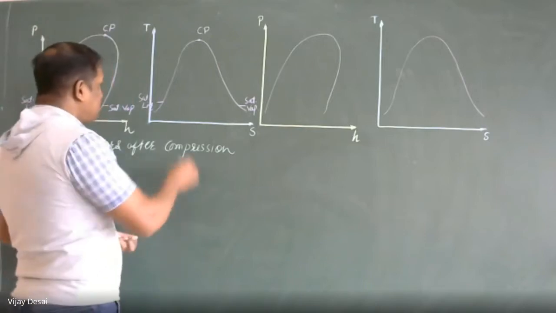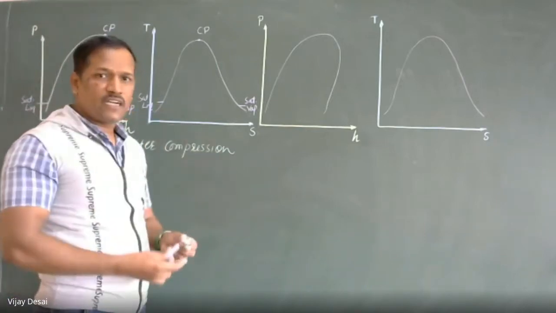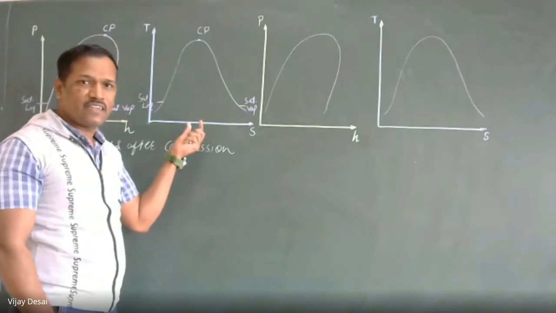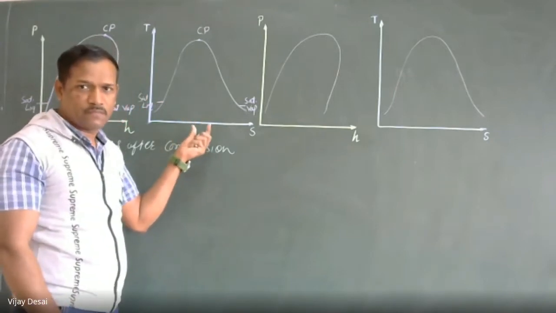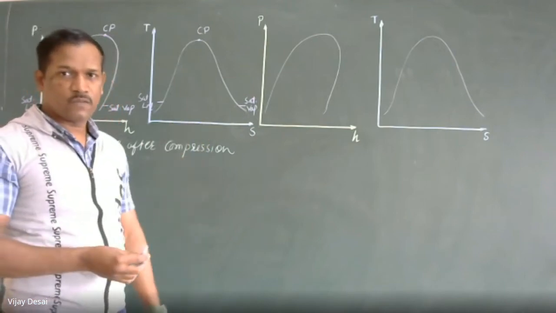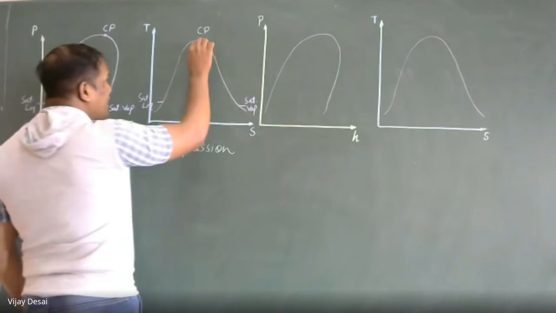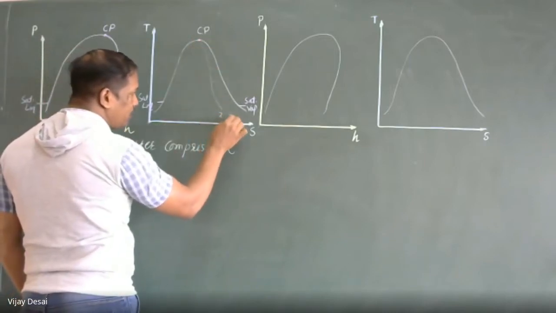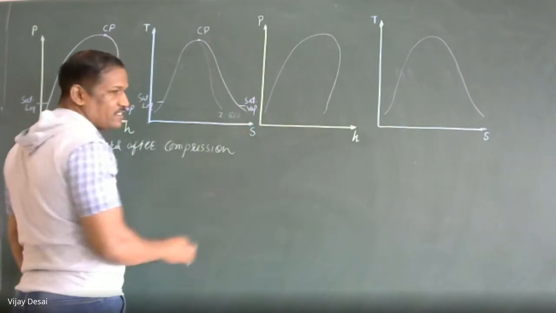Now, the strength of a mixture, that means how much dry vapor there is in a mixture of dry and wet refrigerant, is denoted by dryness fraction. So if I am drawing a dryness fraction line, suppose this is the X value, suppose 80% dry, so 0.8 dryness fraction.